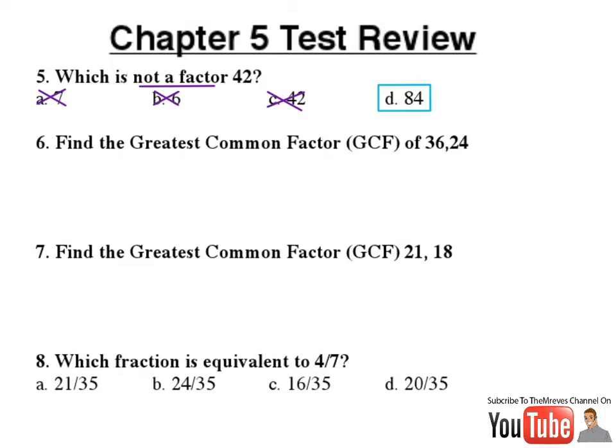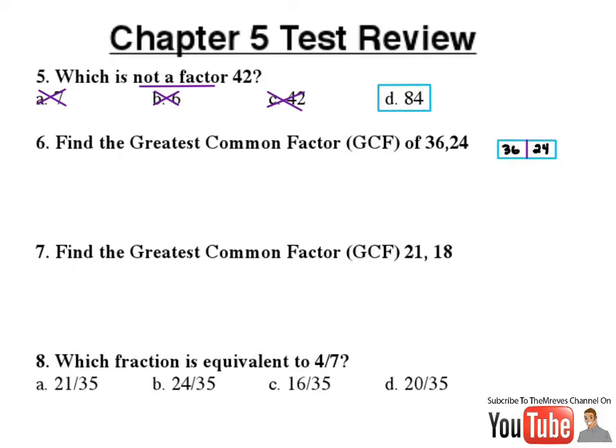It says find the greatest common factors for 36 and 24. Once again, I'm going to go ahead and apply the ladder method. Now I really like the ladder method on this because it makes it really easy to work. So 36, and I take my 24.